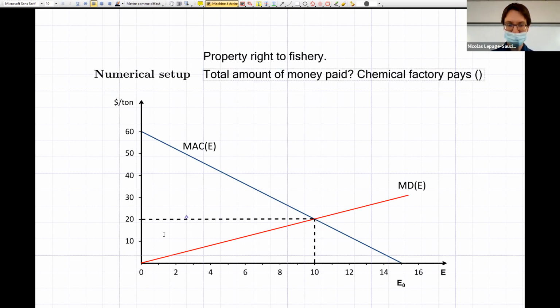So the chemical factory buys 10 permits because the market price is 20. So it pays 10 times 20 to buy 10 permits.